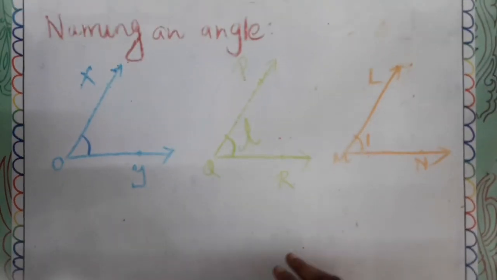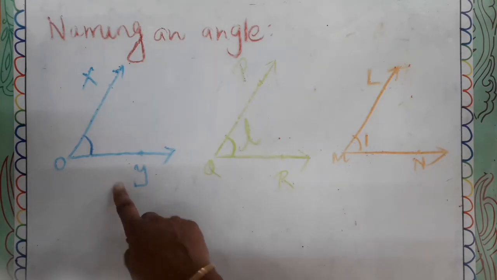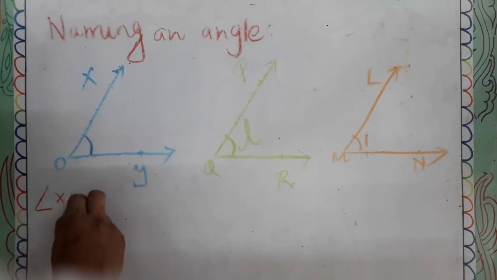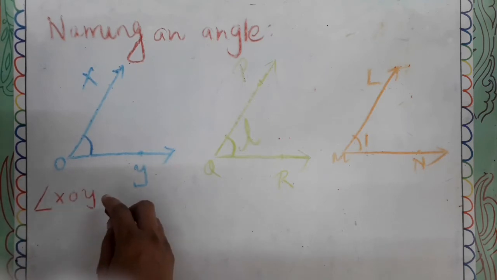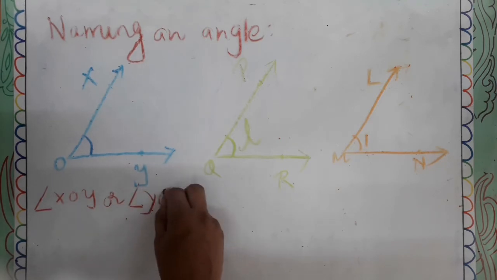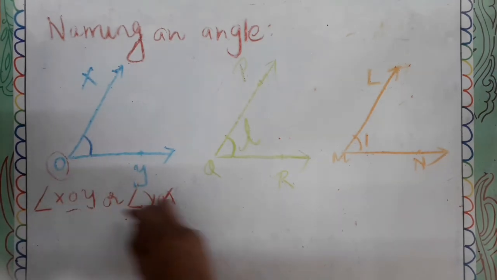Now let's see how to name the angle. There are several ways of naming an angle. See the first figure here. This angle can be written as angle XOY. It can also be written as angle YOX. That is, the vertex is the middle letter.